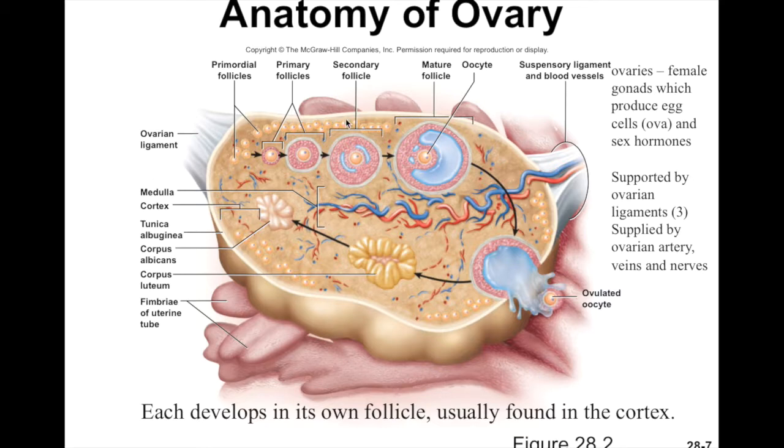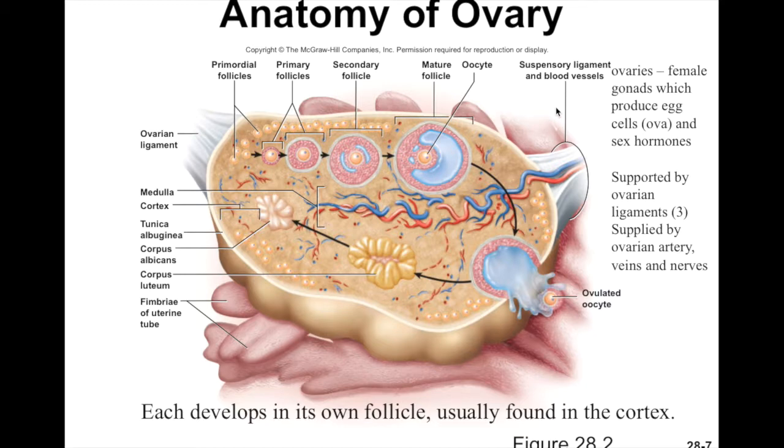Many times it's because you've ovulated more than one oocyte at a time. And that's perfectly fine. A lot of times what will happen is a lot of these primordial oocytes will start to develop, and only one is selected to move forward into the final ovulated oocyte. So sometimes two end up being selected, and it just keeps going.